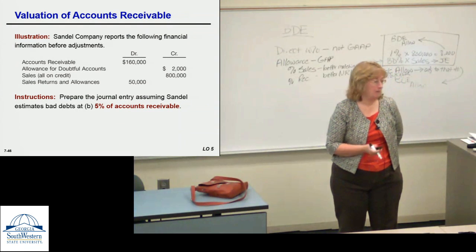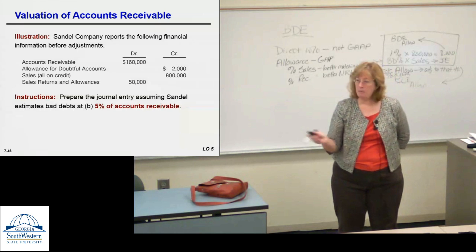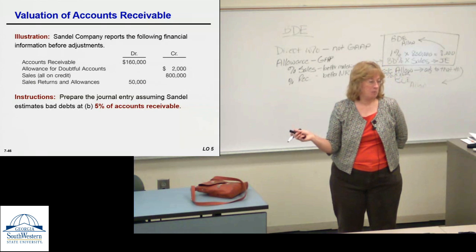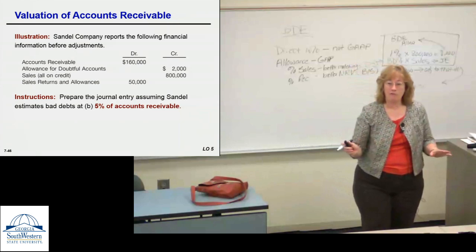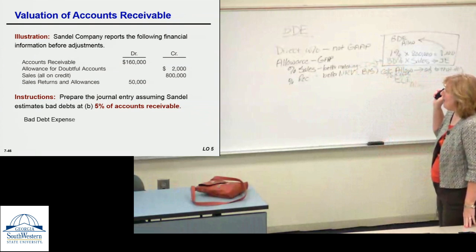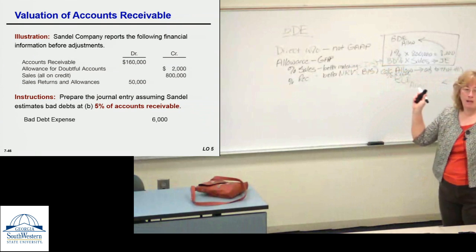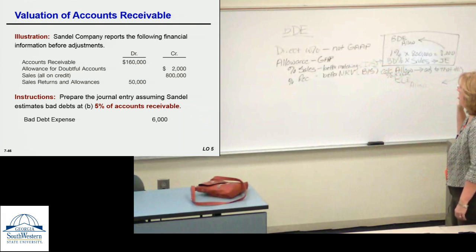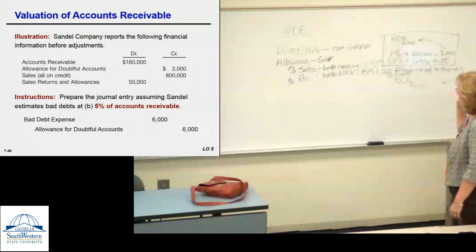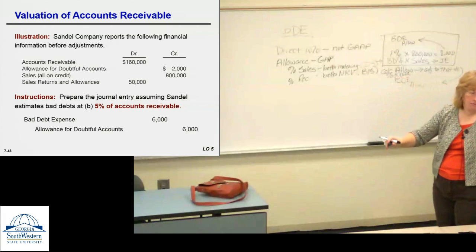That'd be wrong. That's probably going to be one of the choices on the multiple choice, so don't fall for the trap. You adjust to the amount for the allowance method using the percent of receivables.